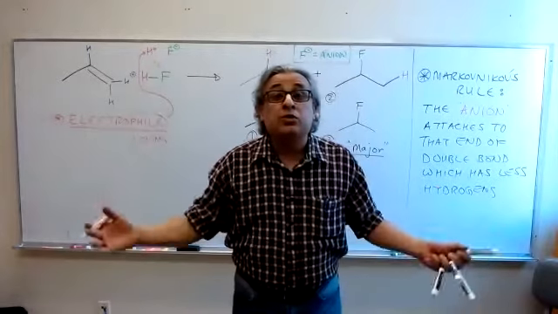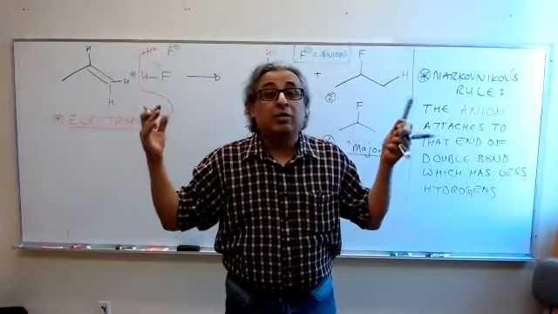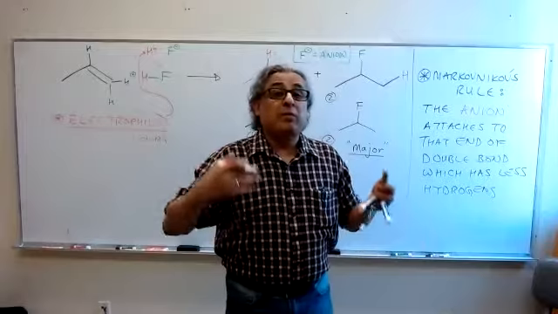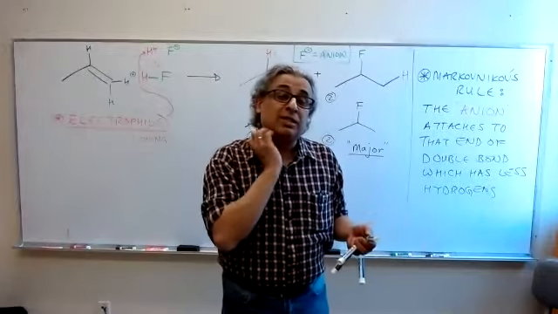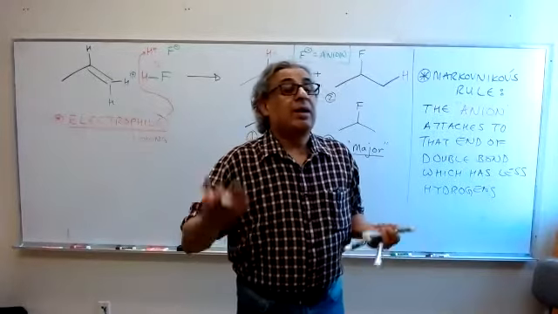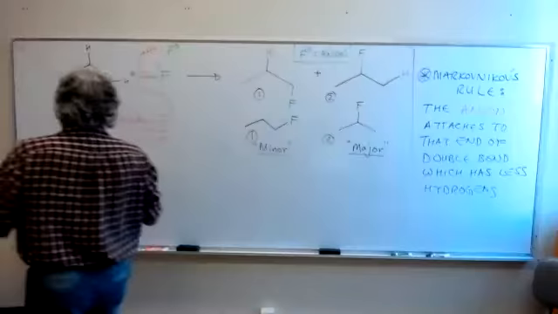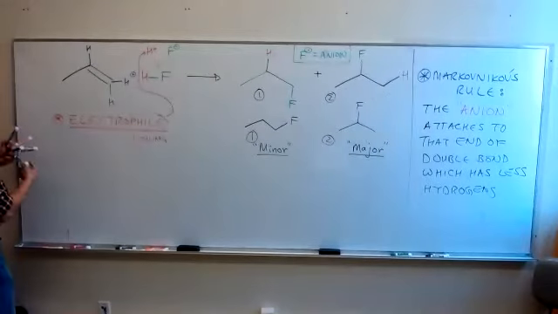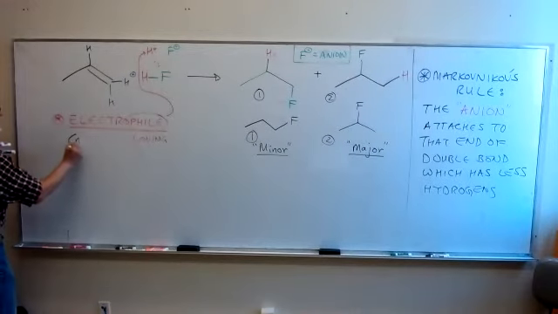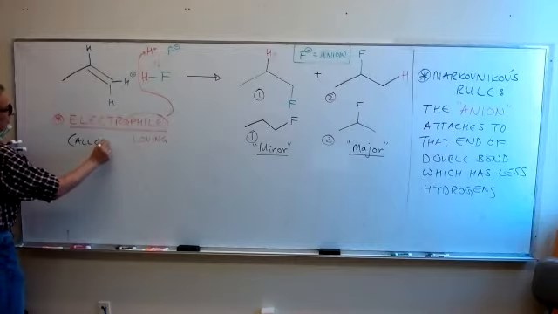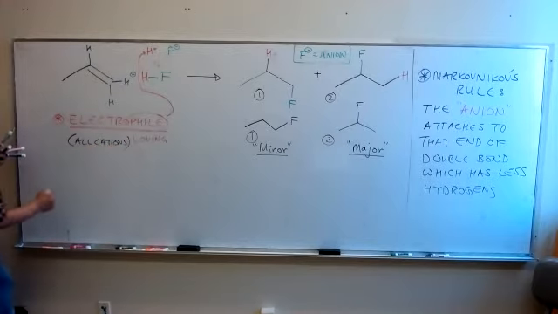It wants to be hanging out with electron density. Somebody who is not having enough electron density, like a cation, is an electrophile. All cations are electrophiles. And the other word is nucleophile.